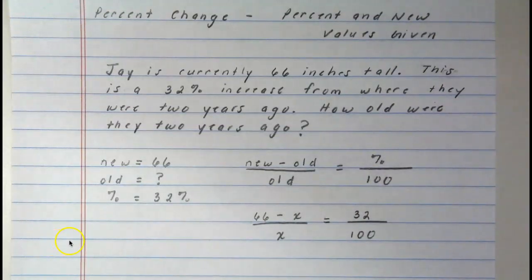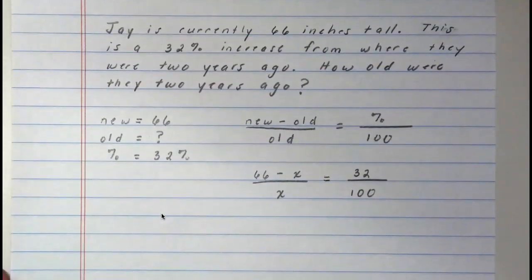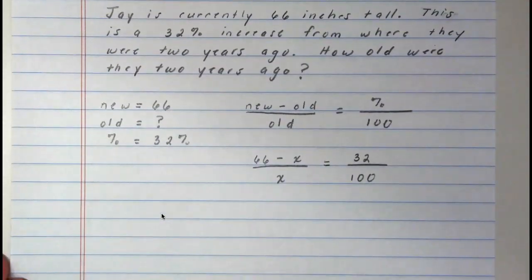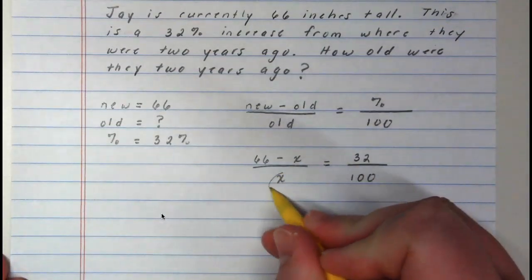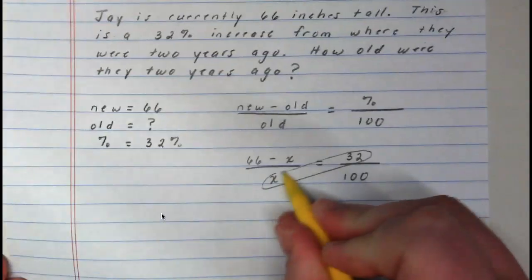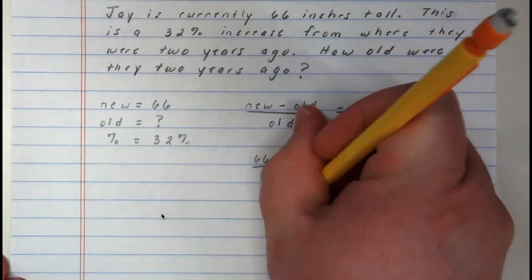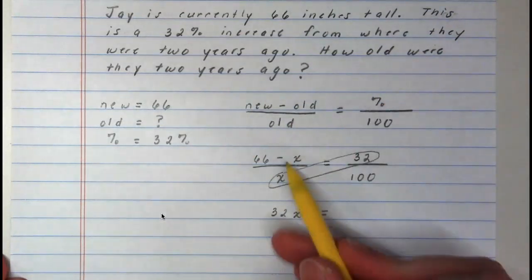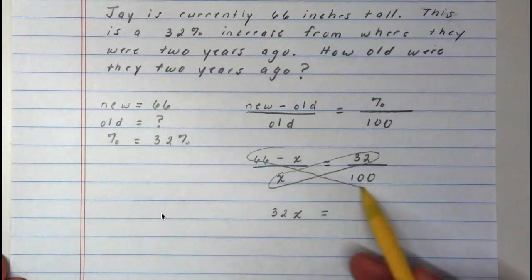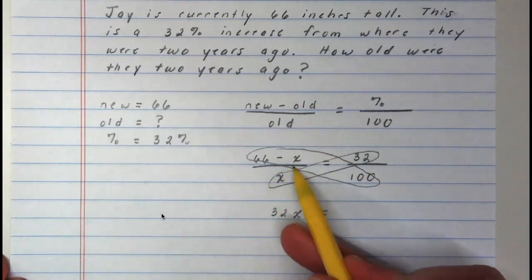So now we have our proportion set up, and we just need to use our cross product property to solve. So if we go this way first, it's x times 32, which is 32x. And then that will equal these two multiplied together. And we need to remember that 66 minus x is a group.